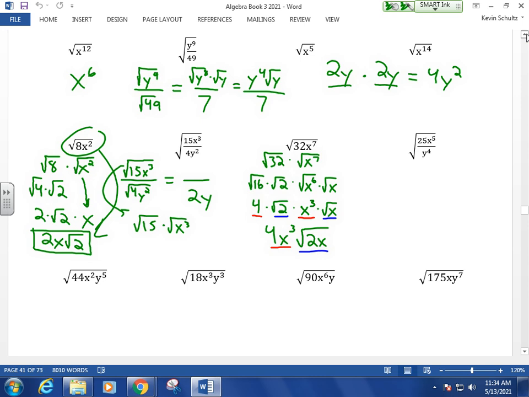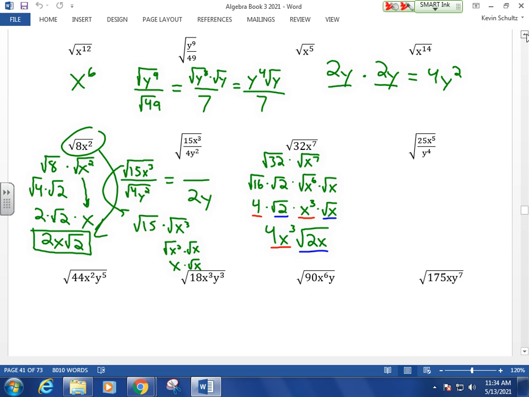The root of x cubed, we've got the answer in our chart up above, but the work behind it is, we're going to split this up into root of x squared, just one less than our power, times the root of x. We do that because the root of x squared is x, and then we have our root x.